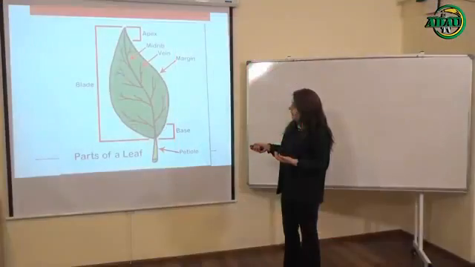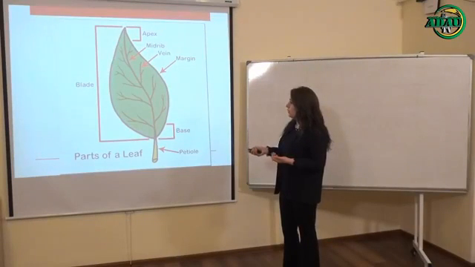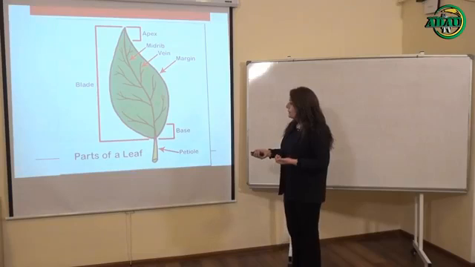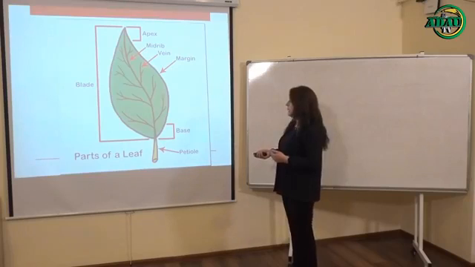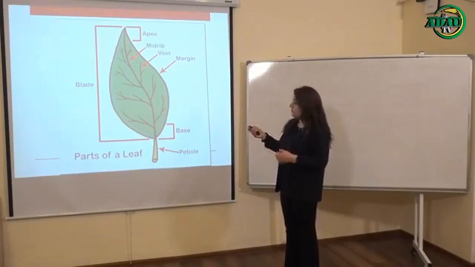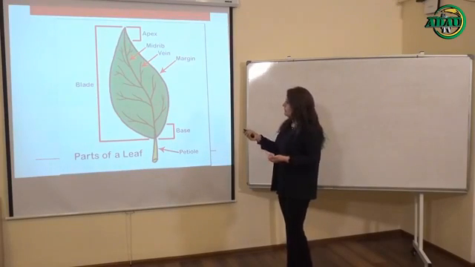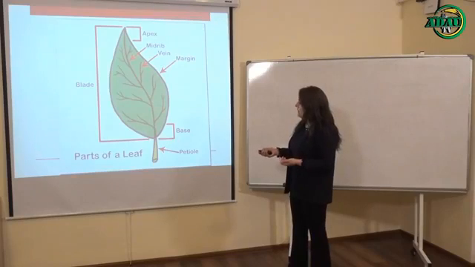And the flat, broad portion of the leaf is called the blade. This is the blade. And the stalk which connects the leaf base with the stem, the stalk which attaches the leaf to the stem, is called the petiole. And the three main parts of the leaf are the blade, leaf base, and petiole.